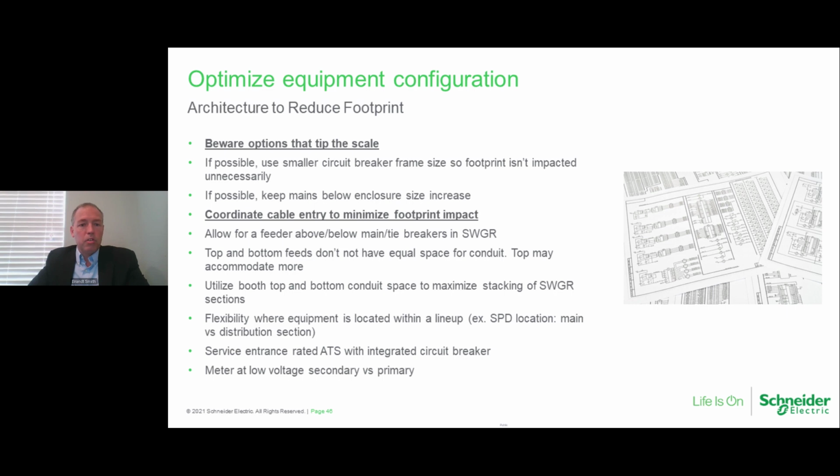You should also look at things like top entry versus bottom entry. Are you utilizing all of your top and bottom conduit spaces? There's a lot of things that we can do to intelligently design our systems and still design reliable systems, but not add additional sections to make it happen.